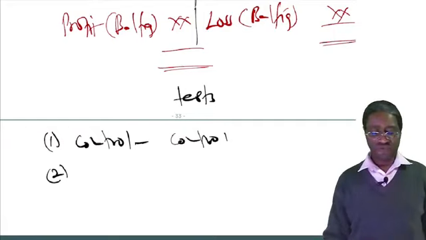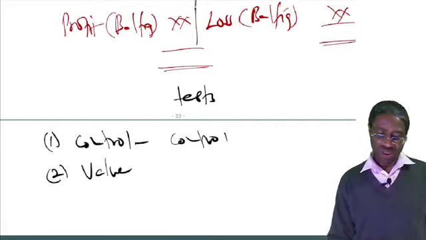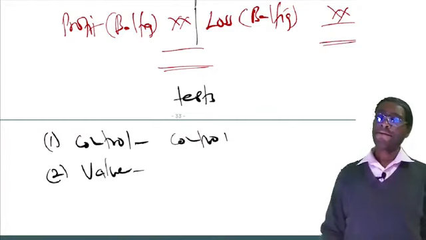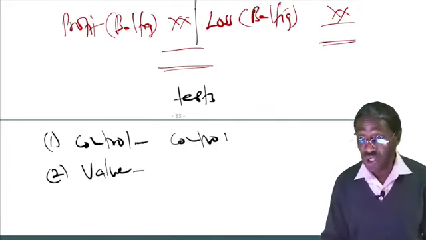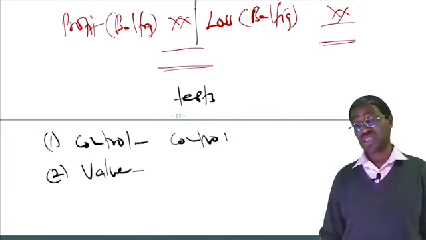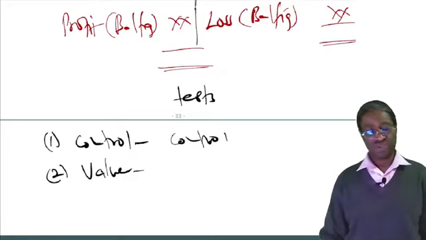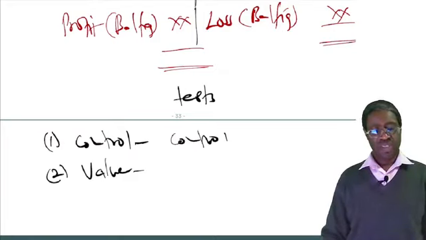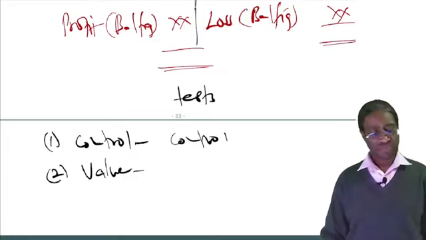Number two, value. That's another keyword there. For a biological asset to be recognized in the balance sheet, what should it have? Put a dash.